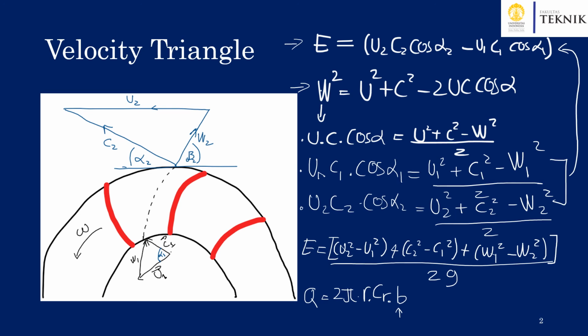So the blade, other than radius, also has a width, or it can also be the thickness of the blade. And we can use this for the inlet and the outlet.